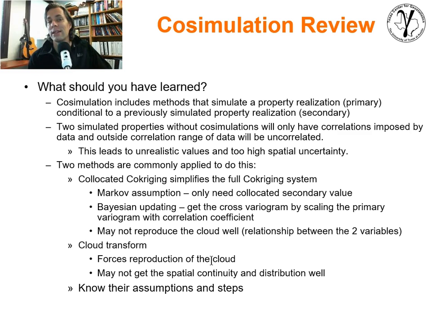It uses a correlated probability field in order to get the right spatial continuity for the primary variable given the secondary, and it can condition the p-values to the data values within the conditional distribution so you honor the data. But it may make mistakes with spatial continuity, and the distributions may not be precisely honored. So you've got to know your assumptions, got to know your steps when you make a choice about which type of simulation method to use.